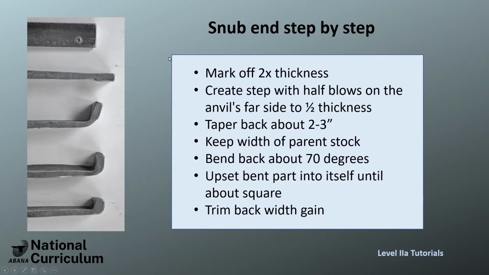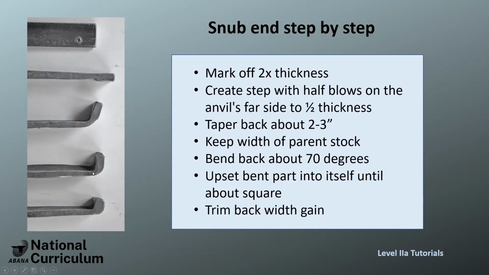Let's get back to the steps. Mark off about 2 times the thickness. That would be 1/2 here. Create a step with half-face blows on the far side, about 1/2 of the thickness. If in doubt, do a little more than 1/2, especially if the stock is that thin. Then you turn it around to the backside, away from the thin spot.